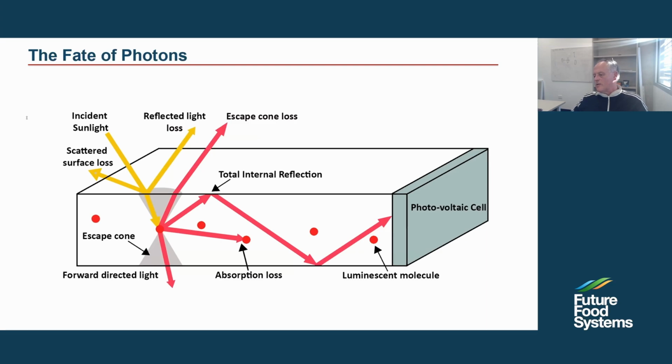And the fate of these photons, if you've got incident sunlight coming in, of course, you could get scattered loss from the surface, depending on how rough it is. You may get reflected light. But what we're really interested in is the light that entered the film.